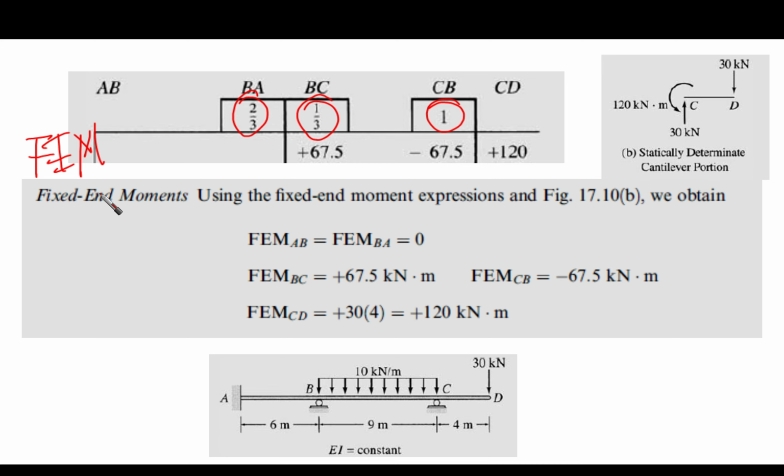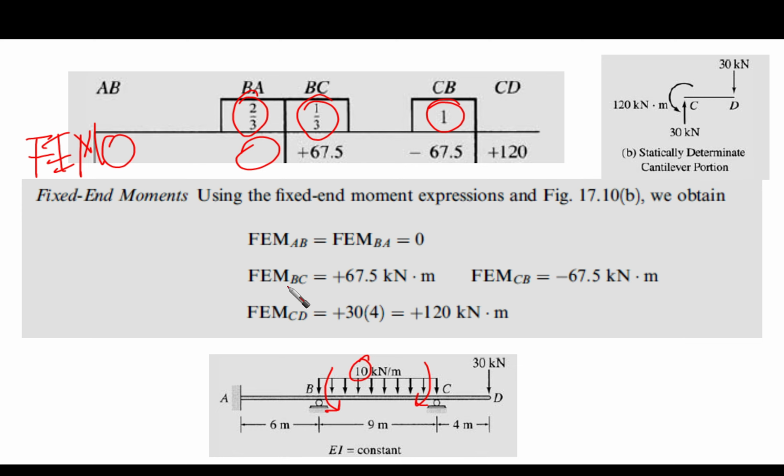For member AB, there is no loading here. So there is no fixed end moments here and here. Okay? Nothing here and nothing here, because there is no loading. For member BC, it is simple for us. The fixed end moment is going to be WL squared over 12. Right? And 10 kilonewton, then we can obtain it well.